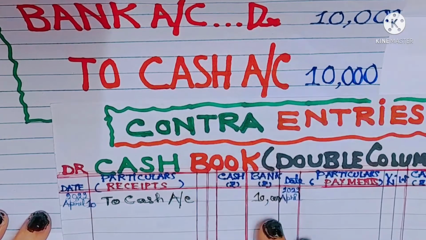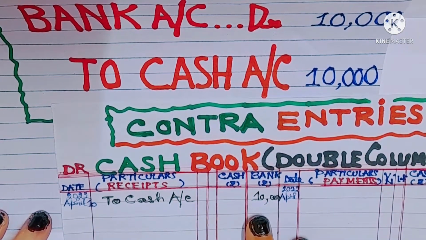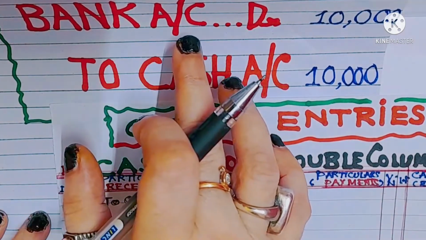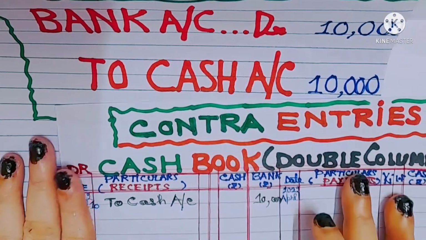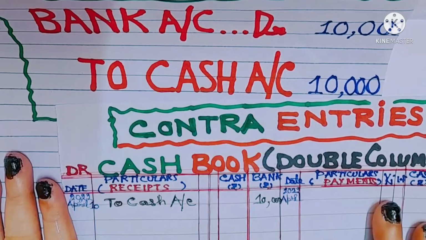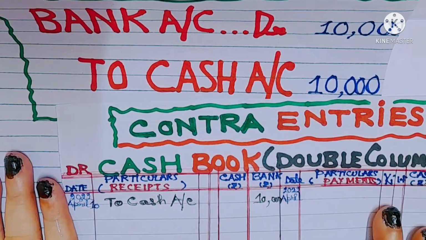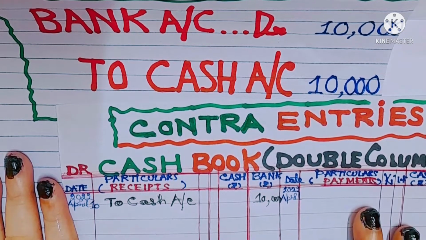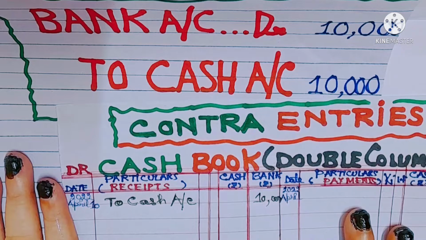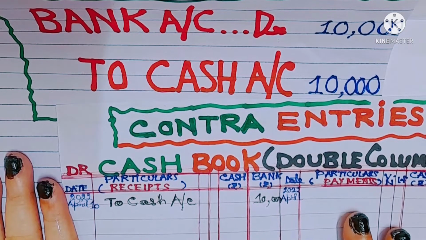Now in which column will we write 10,000? Cash column or bank column? Because we are looking at the position of the bank account, we will write in the bank account column. Understood? And moreover, bank account comes under personal account. According to personal account, the receiver of the benefit is debit. Here, when cash is deposited into the bank, it increases the bank balance.